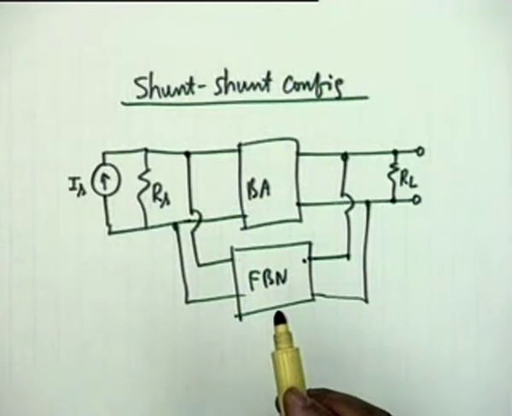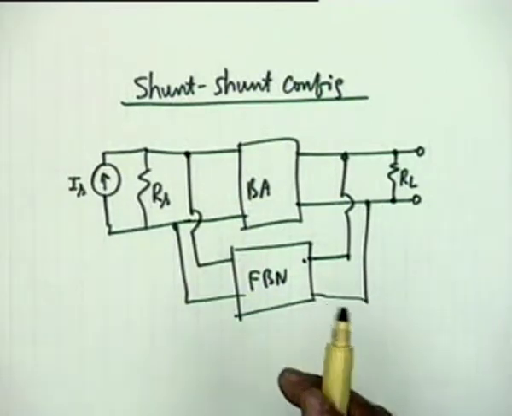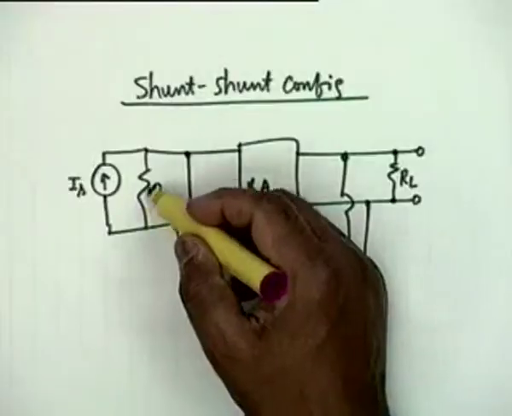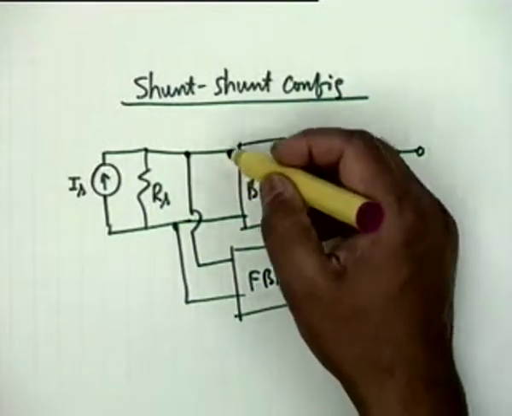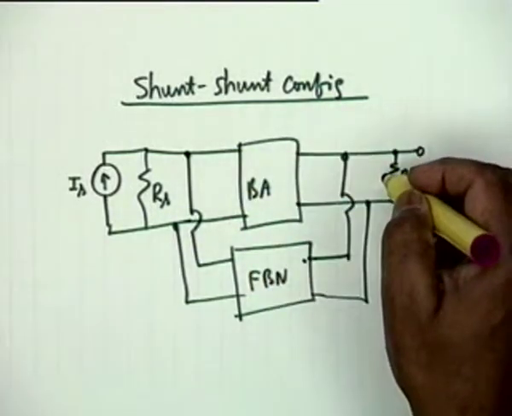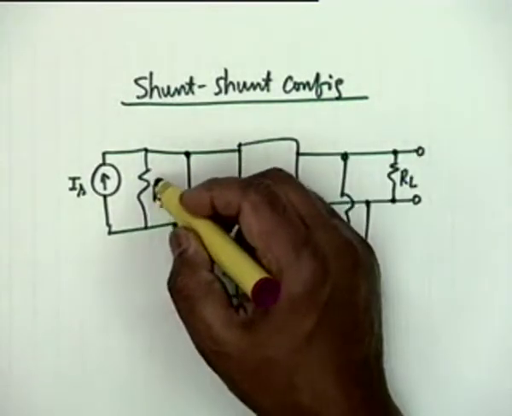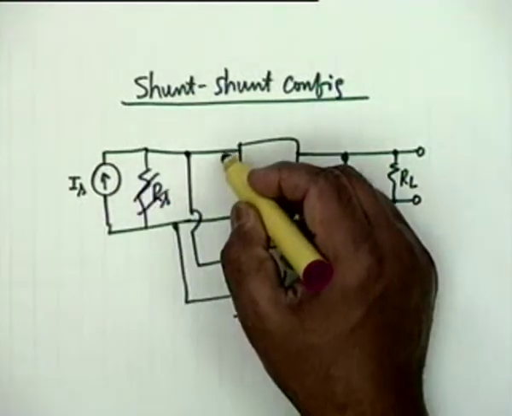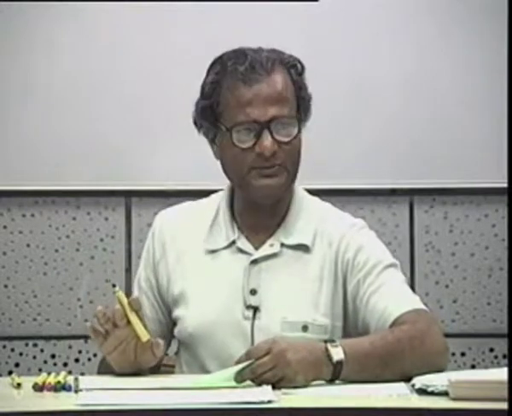The first thing I do is what? I don't care. Now I will not model, I will not do anything. First thing I do is I shift these RS and RL, both of them, to here. Okay, so I shift them here. Let me draw the A circuit directly from here.